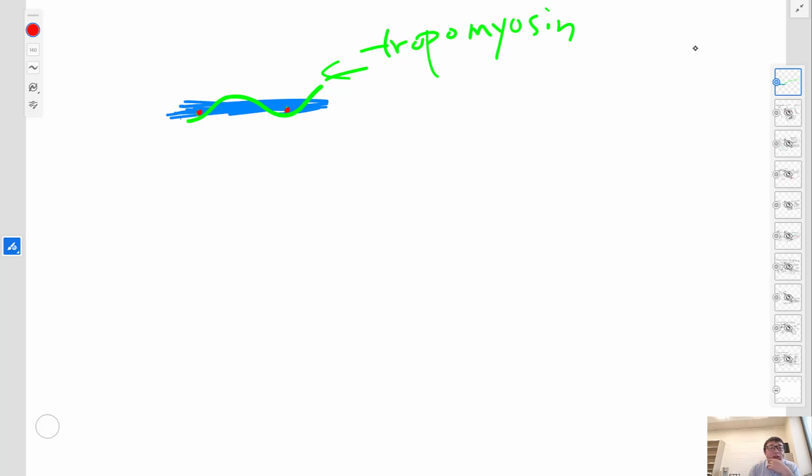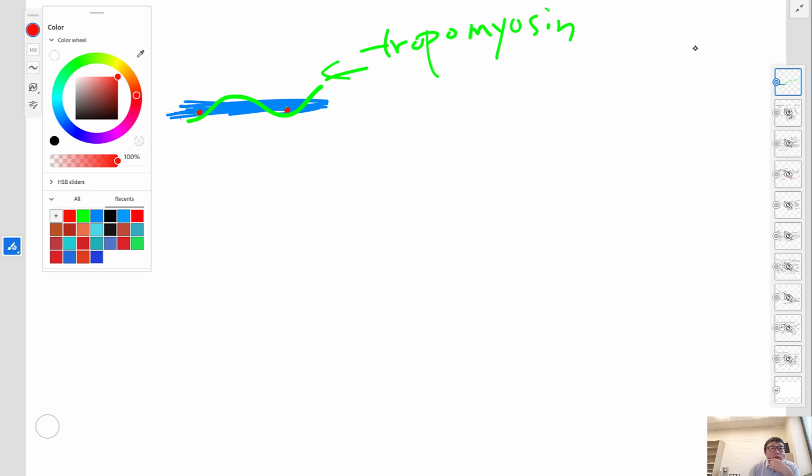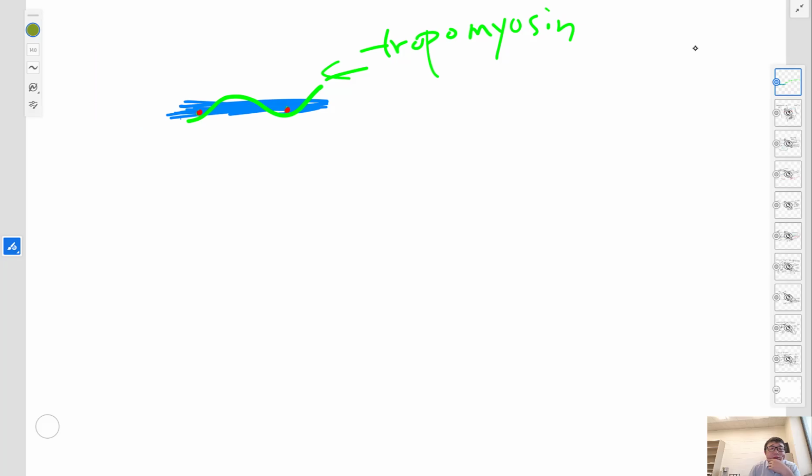And then the tropomyosin, let's use some other color, is linked to the actin fiber by troponin.